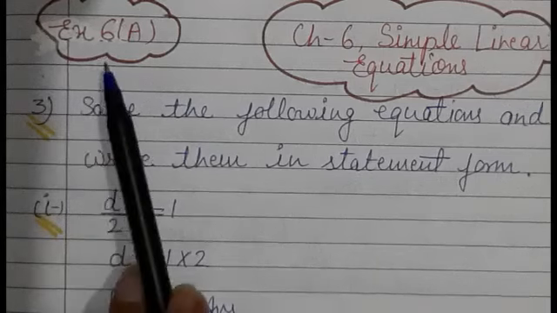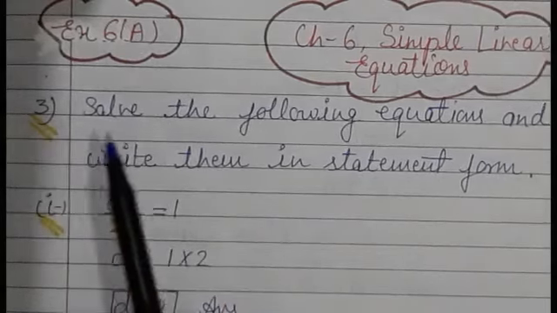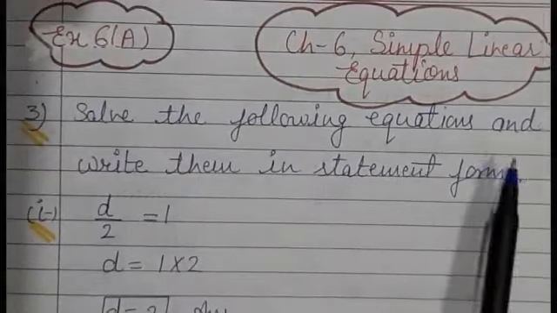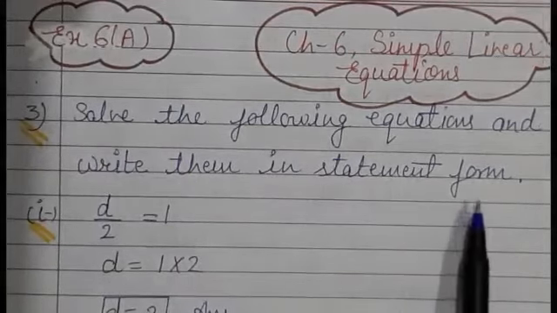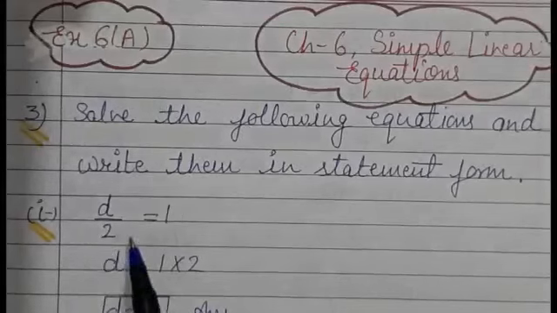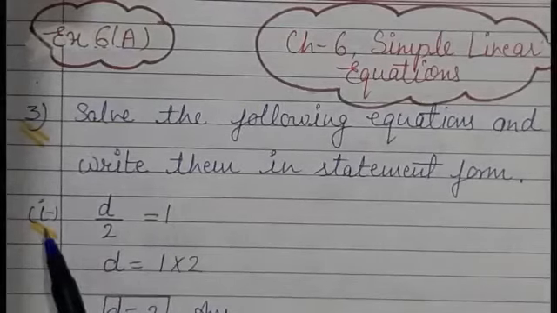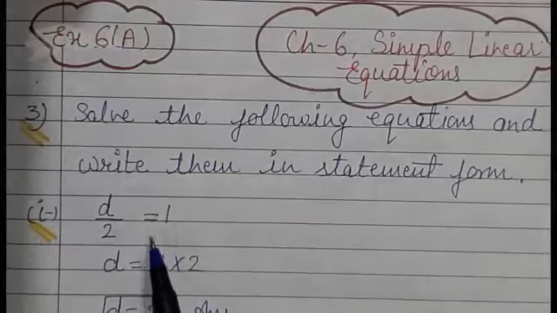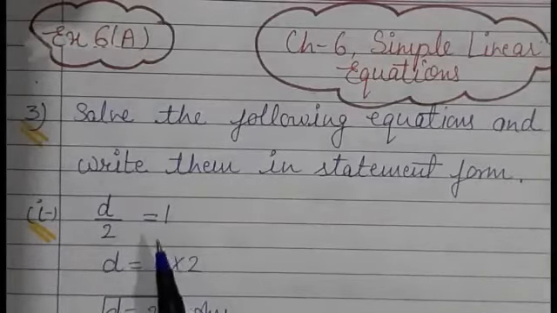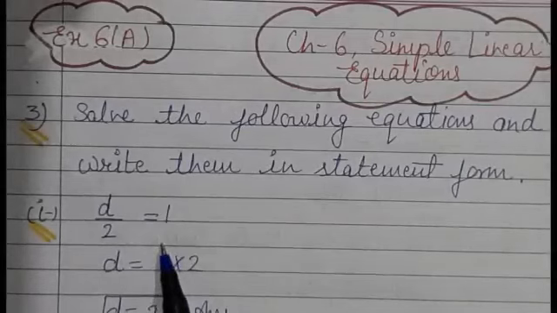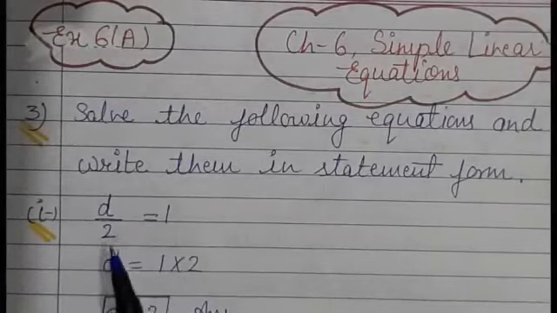Now come to exercise 6a, third numerical. Solve the following equations and write them in statement form. First we have to solve this equation. d by 2 is equal to 1, which is first part. We have to solve this equation and then we have to write it in statement also. So first do transposition.